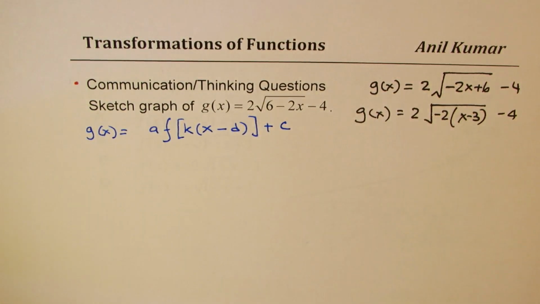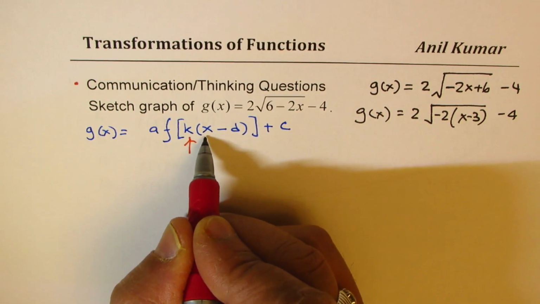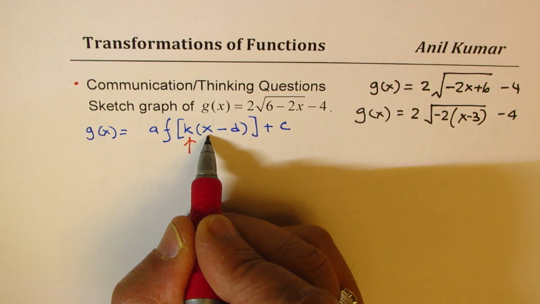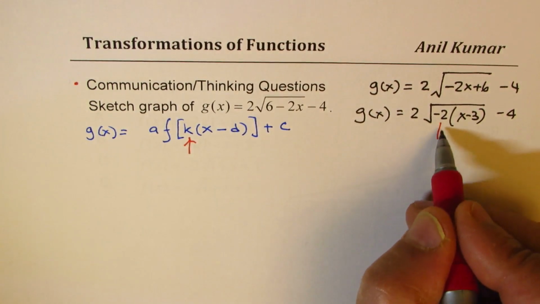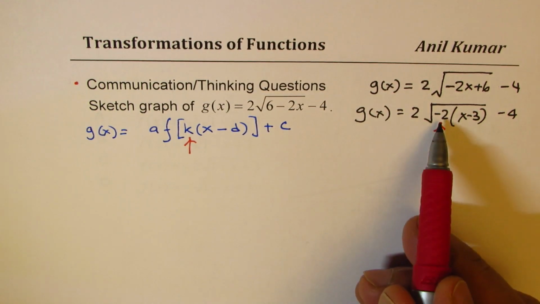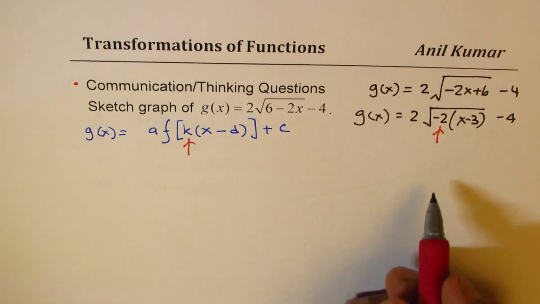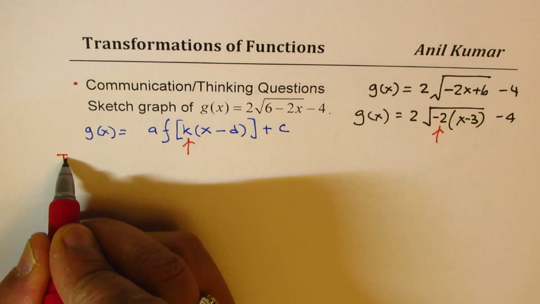Now you will notice that k is factored from x. The x coefficient is 1. Do you see that? So this is the k value. You get my idea. Only if you factor, you get the right transformations. So in the first case, I'll write the transformations.